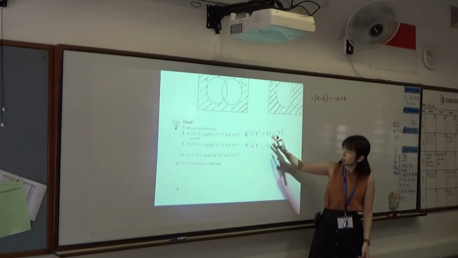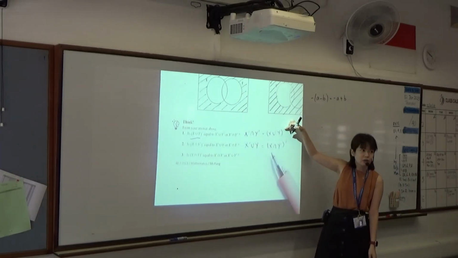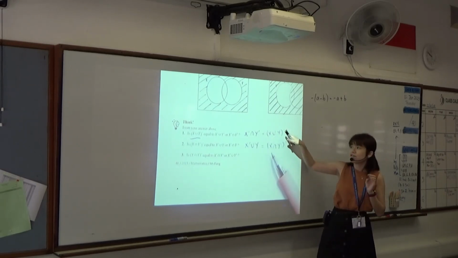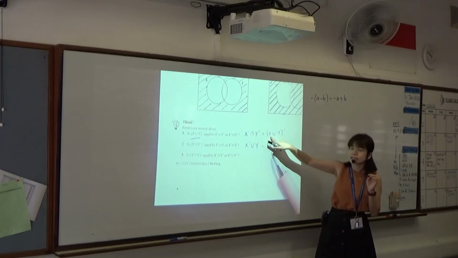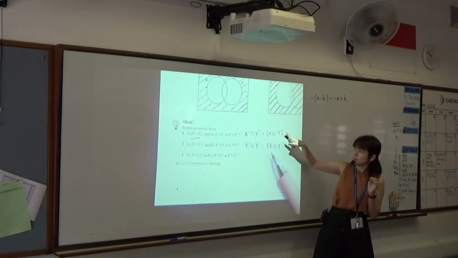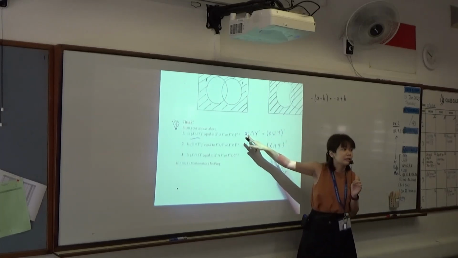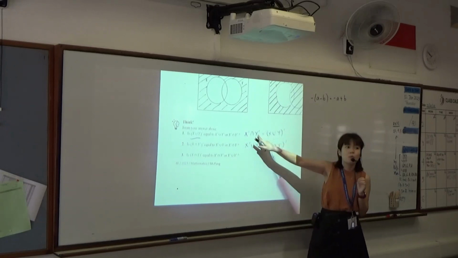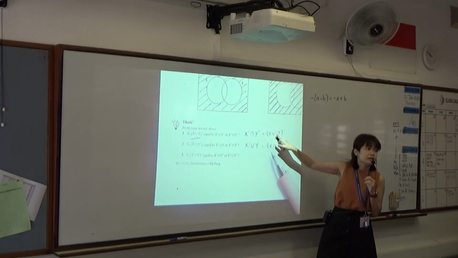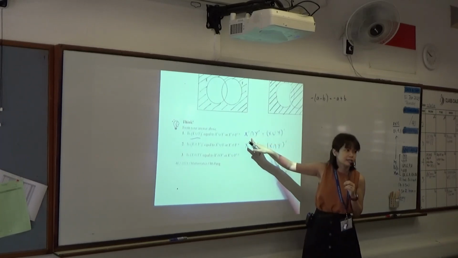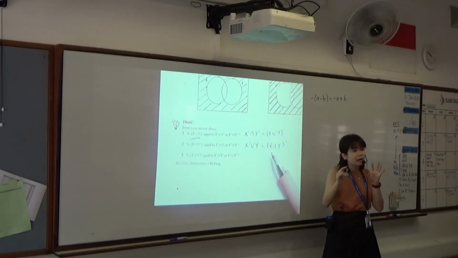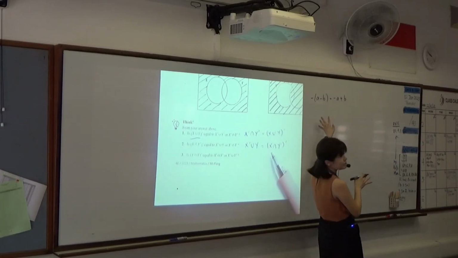With the complement sign on the outside of the brackets, when I remove the brackets, what is the effect of the complement sign on the things inside? We notice that x becomes x complement. Follow me? Then the y becomes y complement. Then what happens to the union? The union sign becomes an intersection, the opposite. Do you see that parallel to your algebraic idea?